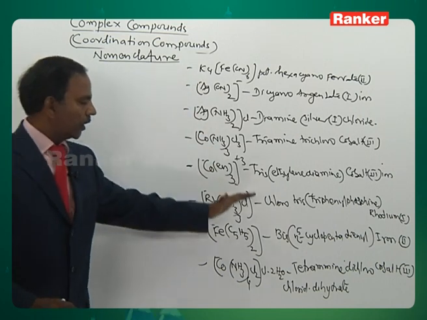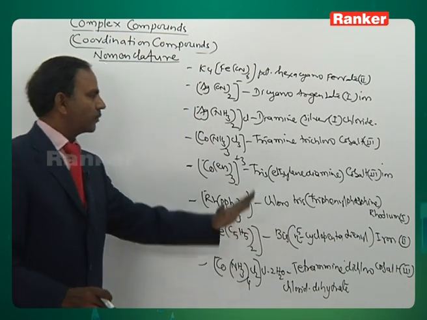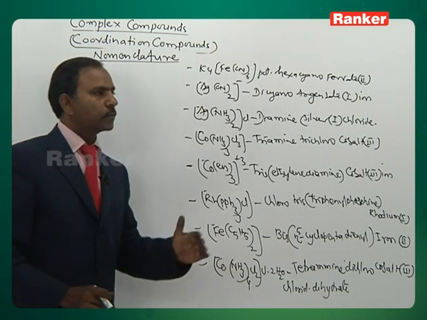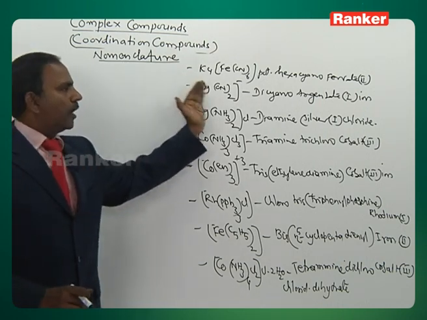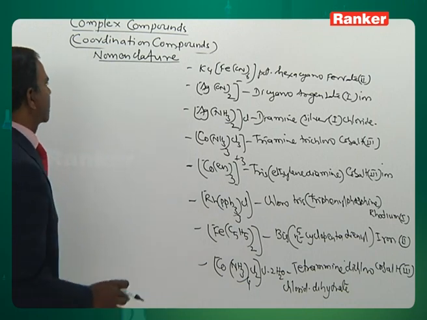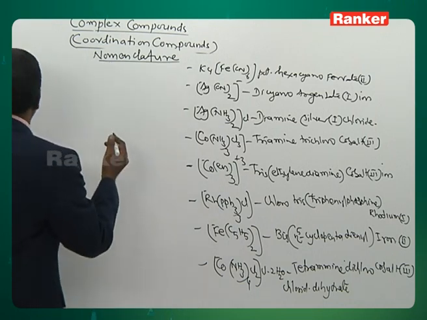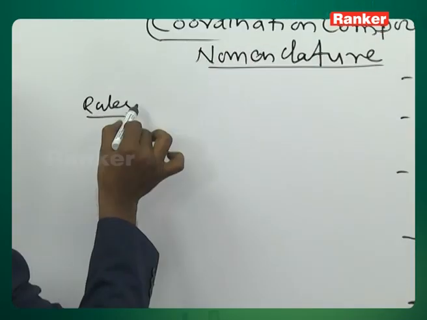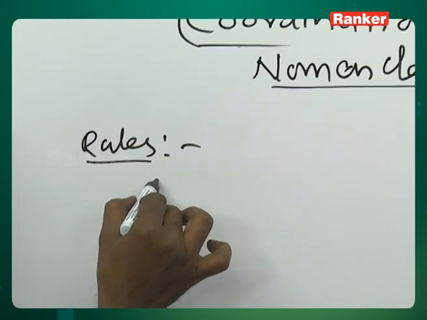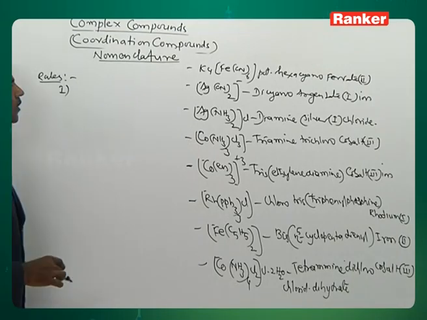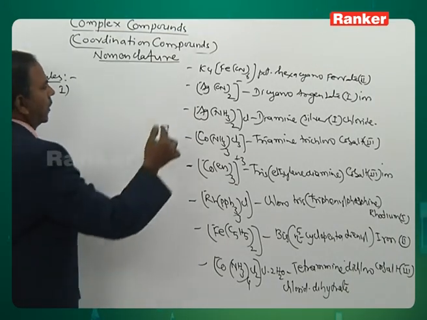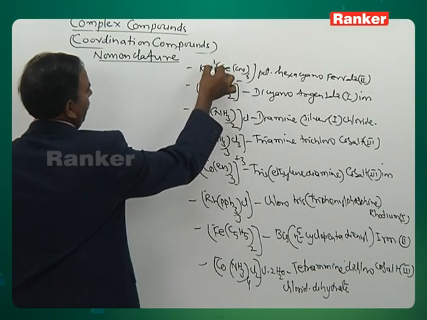The way we have written the names of the complexes, according to this I will show some of the rules to name a particular complex. Under nomenclature, let me show the rules. The first one: in all these complexes a cationic part is there and an anionic part is there.